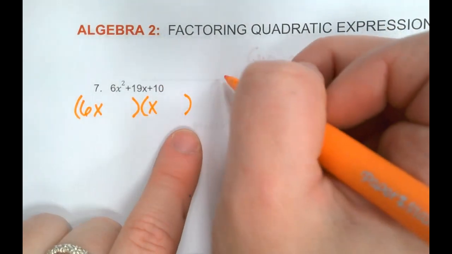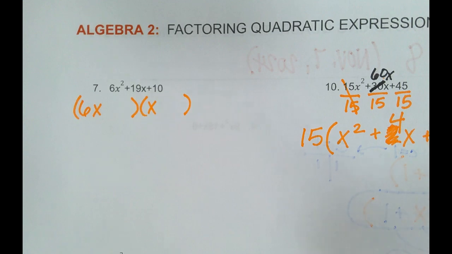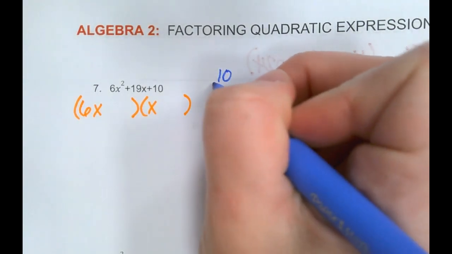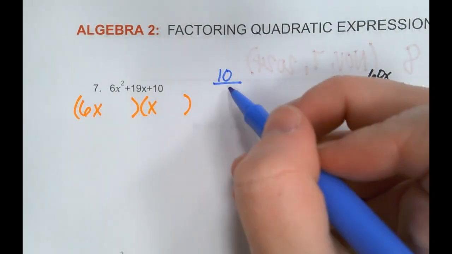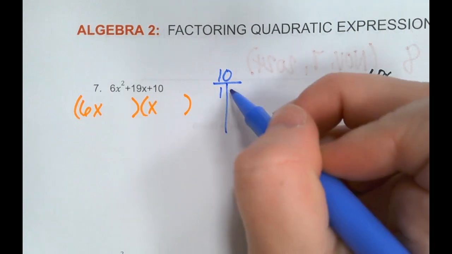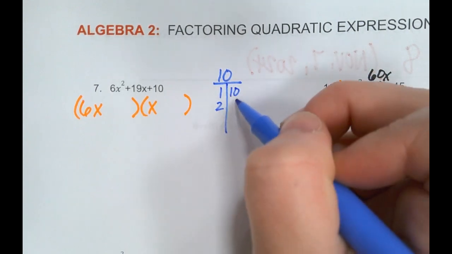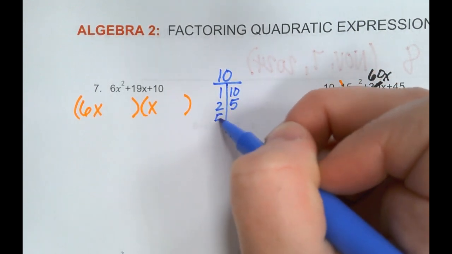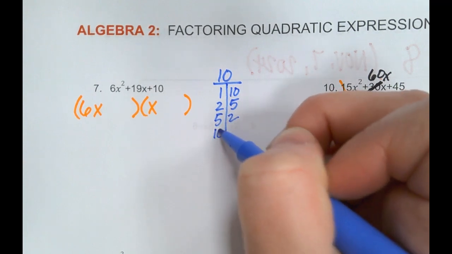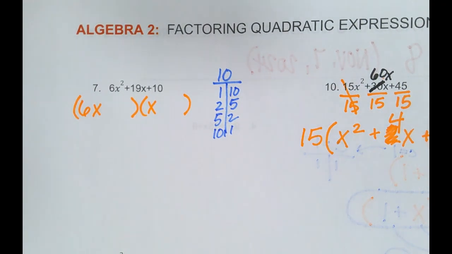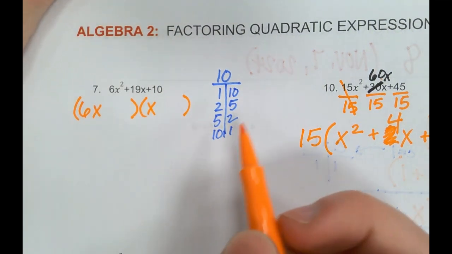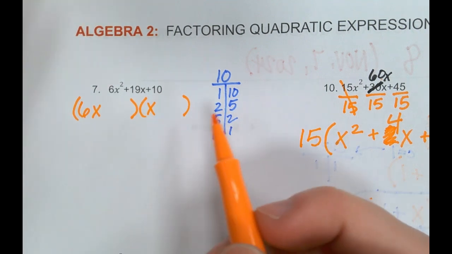Now we're going to look at our factors of 10 to figure out what could go in the parentheses. We've got 1 and 10, 2 and 5, 5 and 2, 10 and 1. A lot of options here.